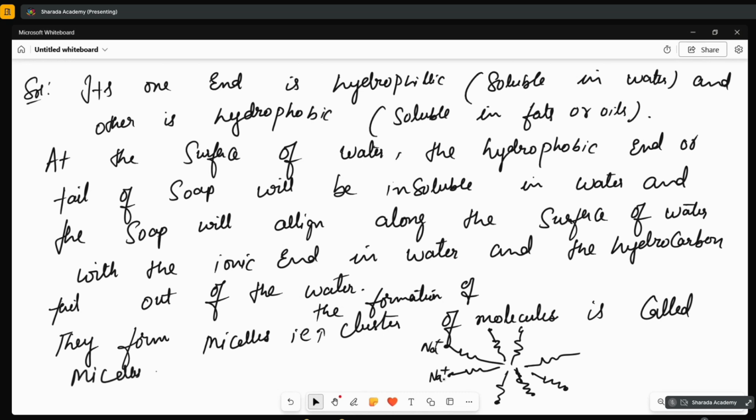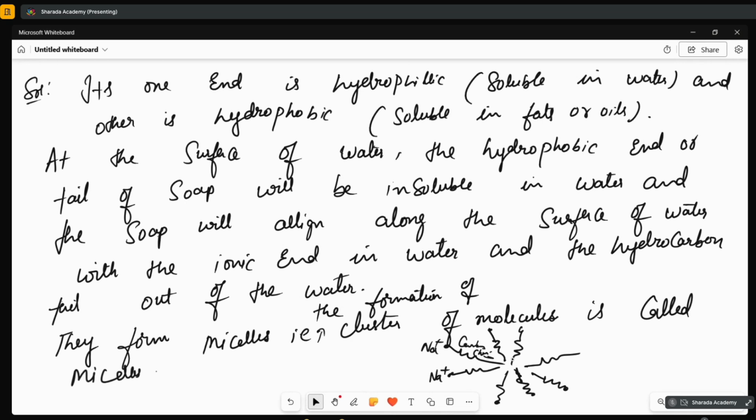And this will be the carbon chain here, that is the carboxylic chain. Why the dirt or oil will be attracted to the center of the micelles? Because they are negative ions, they attract the dirt or oil. Micelles will not stick to anything because they repel each other.